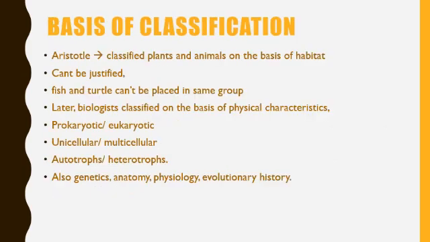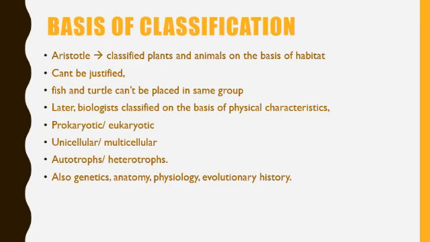Basis of classification. Aristotle was a Greek philosopher who was the first one to classify organisms on the basis of habitat and morphology. Habitat is the place which organisms find suitable for their living. So, he classified plants as grasses, bushes, and trees.